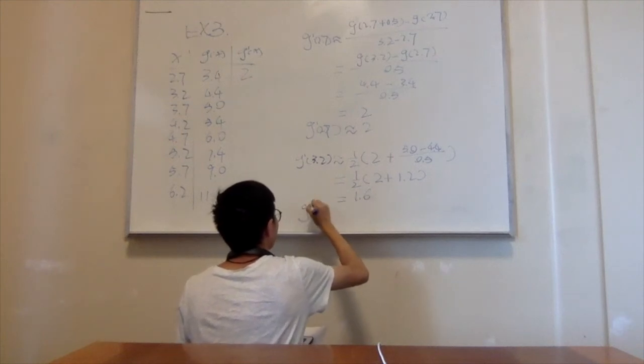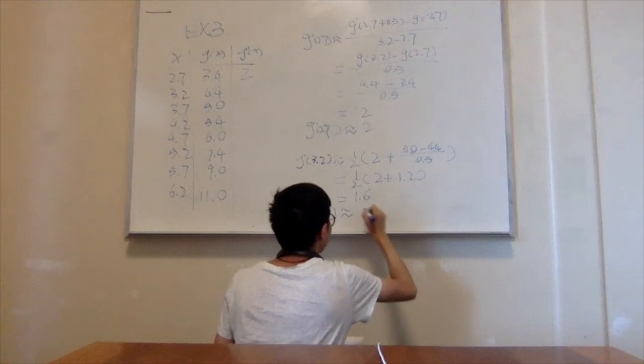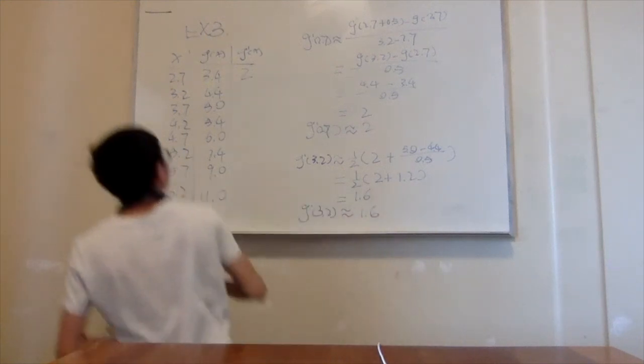So g prime of 3.2 is estimated to be 1.6.